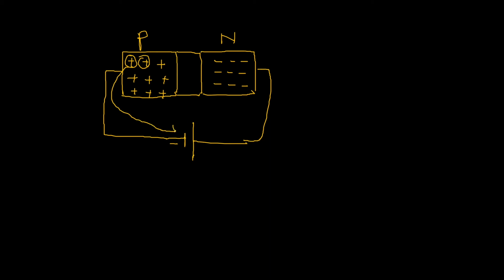The p-type material is connected to the battery's negative terminal, and the positive terminal of the battery will be connected to the N region. So the positive charge carriers, which are holes, will be attracted by the negative terminal of the battery, and the negative charge carriers, which are electrons in N-type, will be attracted towards the positive terminal of the battery. Because of this, the majority charge carriers will start moving in opposite directions. They will not cross this potential barrier area.